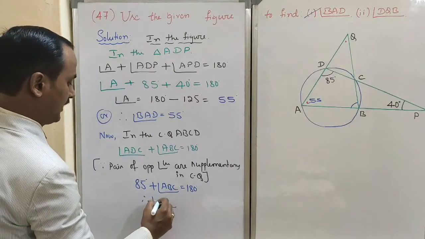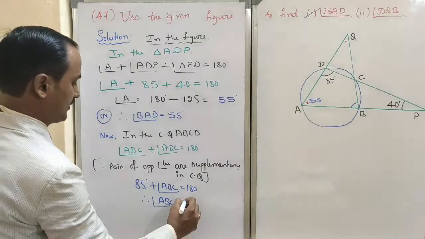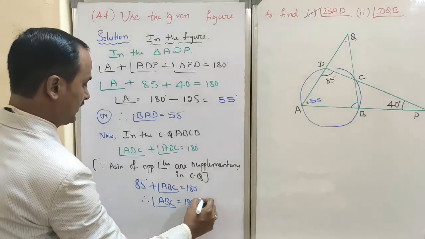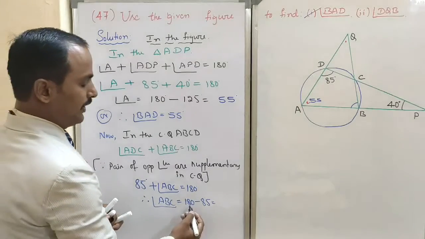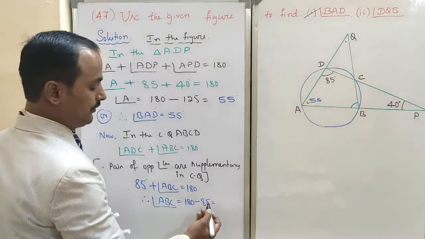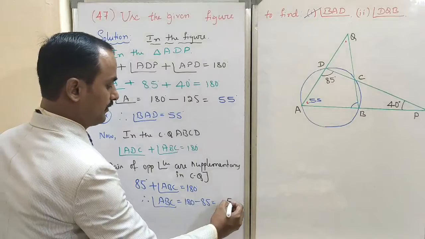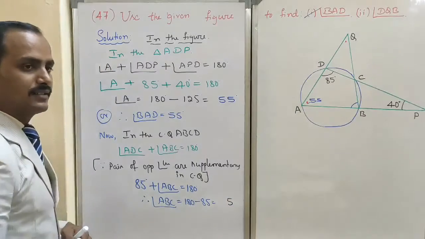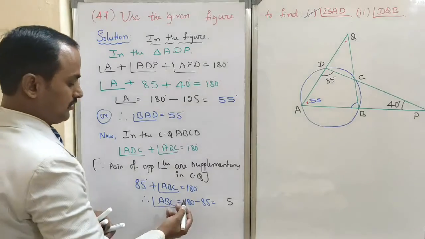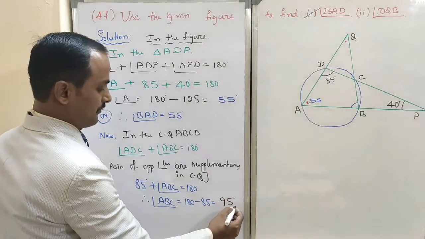Finally, angle ABC is equal to 180 degrees minus 85 degrees. 180 is the greater number, 85 is the smaller number. 10 minus 5 is 5. 7 minus 8 is not possible, so 17 minus 8 is 9. So you get 95 degrees. Is it clear?